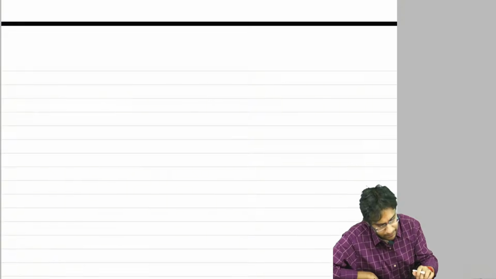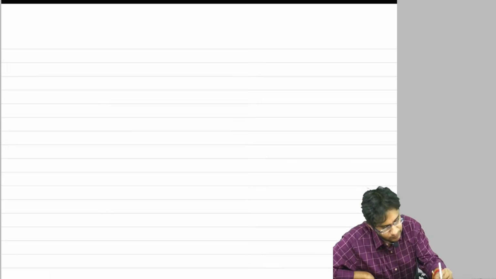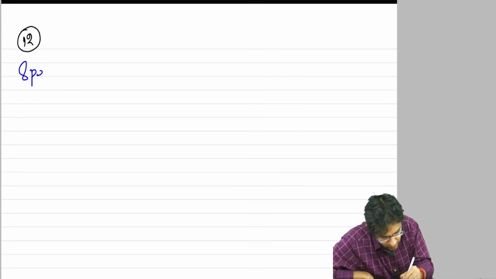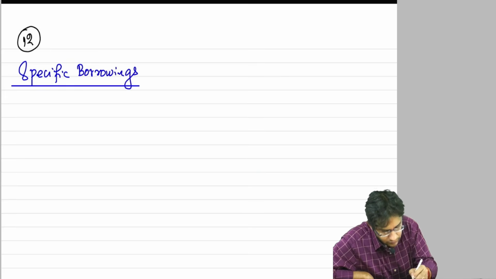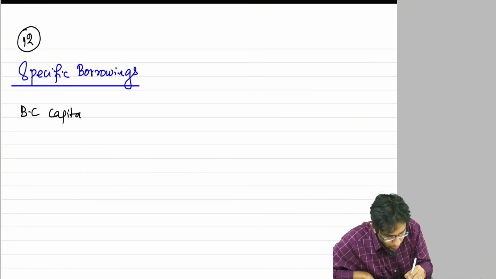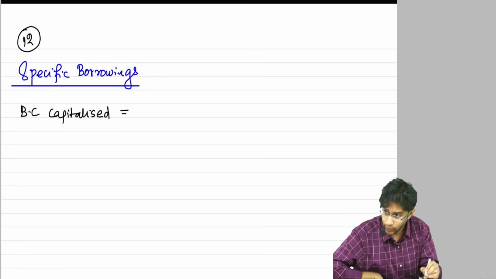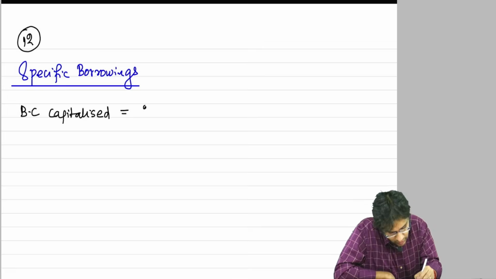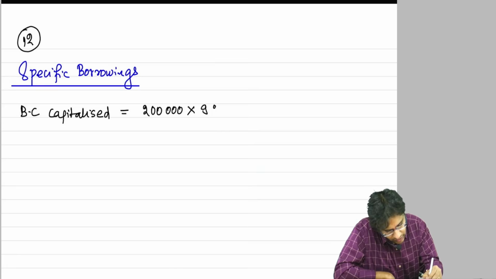What's the question number? 12. First, the easiest one. Specific borrowings. Borrowing cost capitalized equals, how much did you borrow, guys? 2 lakhs. What is the interest rate? 9%.